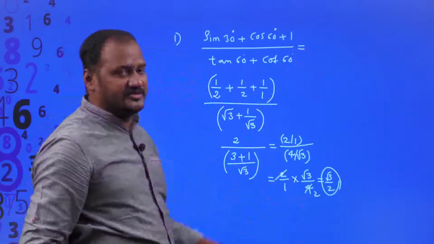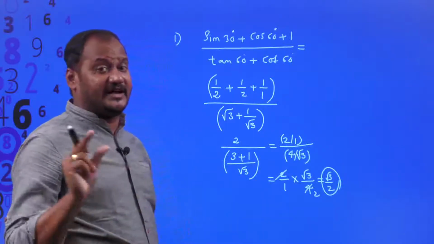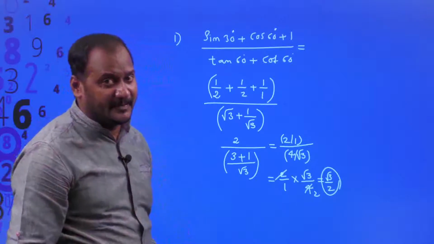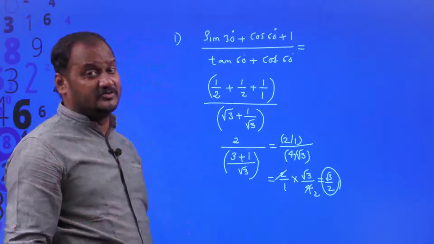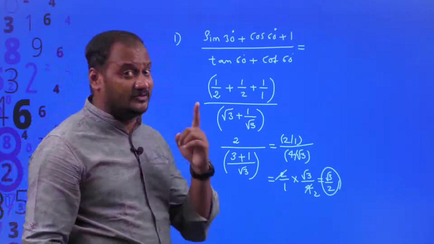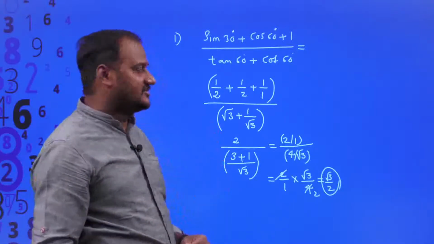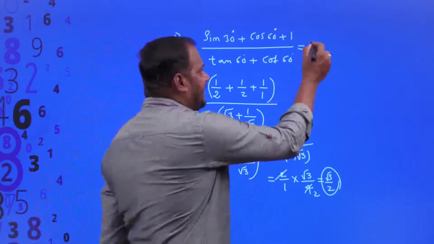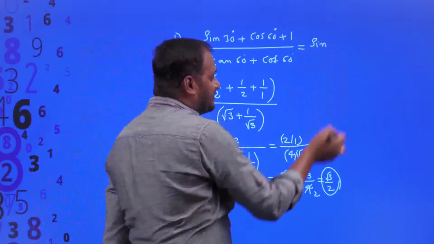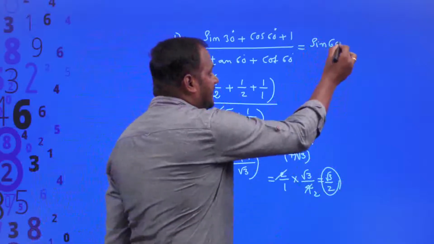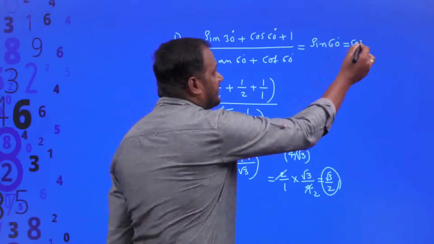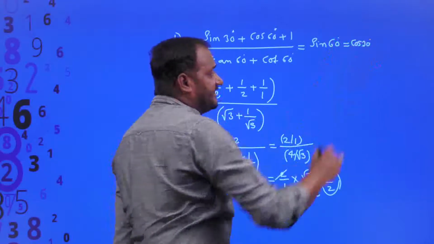Because the answer is root 3 by 2, but root 3 by 2 is the value of which trigonometric ratio? You see root 3 by 2 in the first two columns, so root 3 by 2 is available with only sine and cos. So you can write the answer as sin 60 equal to root 3 by 2, as well as sin 60 is equal to cos 30 degrees.